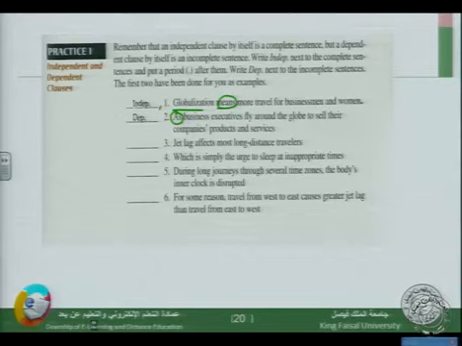Number three, jet lag affects most long distance travelers. Jet lag affects: subject, verb. This is independent. Number four, which is simply the urge to sleep at inappropriate times. This is dependent because it starts with a subordinator. هذه الجملة incomplete.